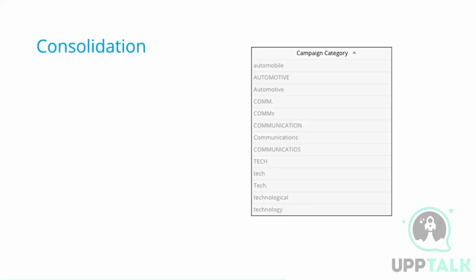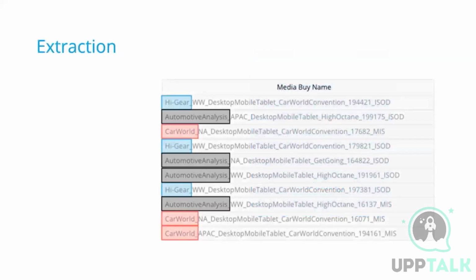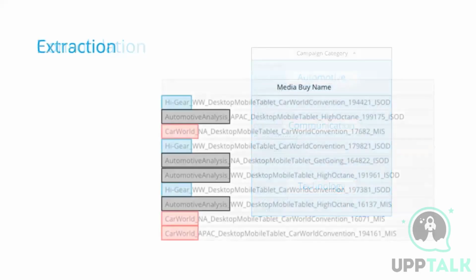So we know that this kind of scenario can happen. So we need a process of consolidating our data into automotive, communication and technology. Calculated dimension helps with this kind of ask, whereby it helps us to culminate all the things together.